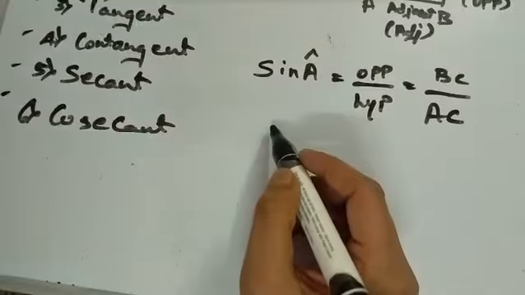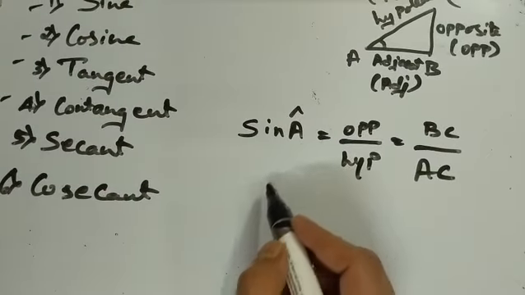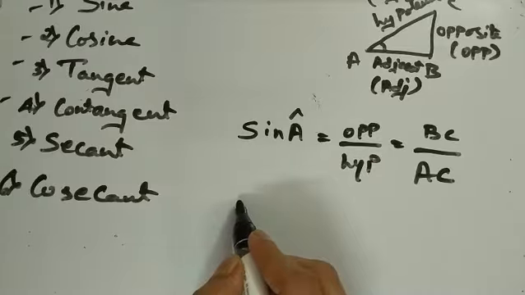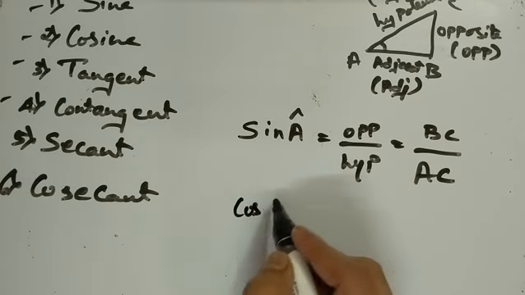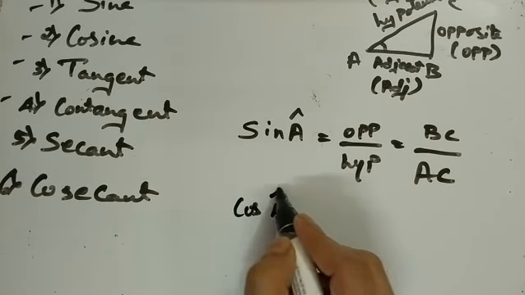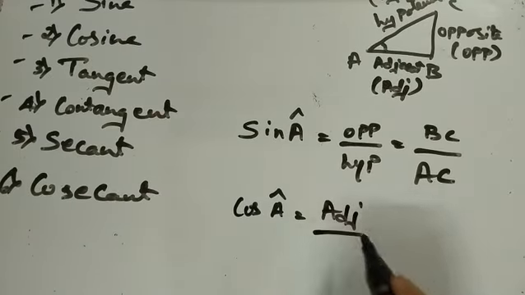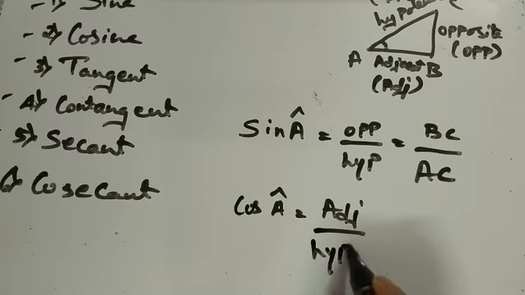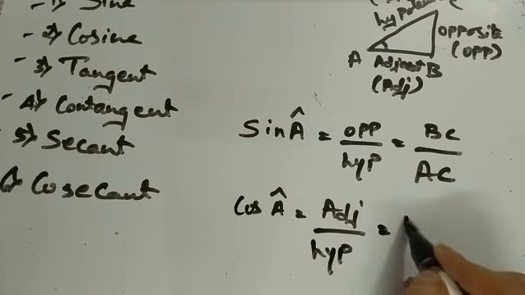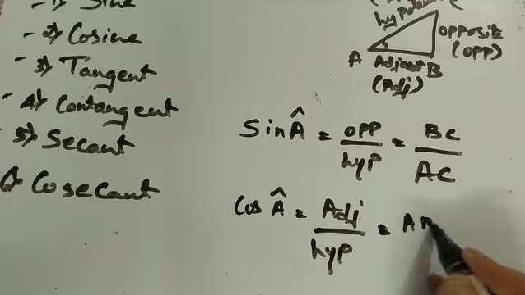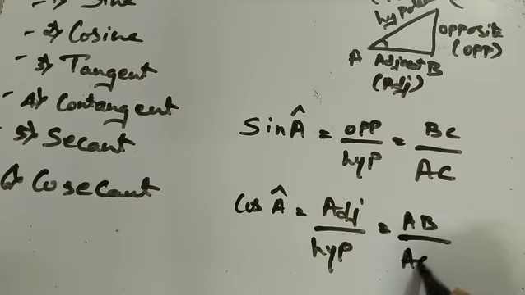Similarly, cosine A, or we can also call it cos A, is adjacent by hypotenuse. So this is AB by AC.